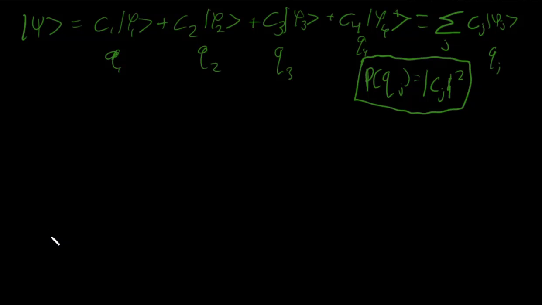So if I've got some vector v, just a quick side note, it's V1 times i hat plus V2 times j hat plus V3 times k hat, right?